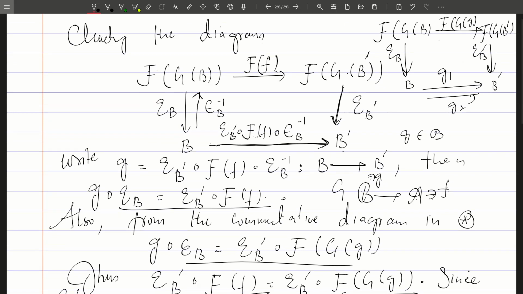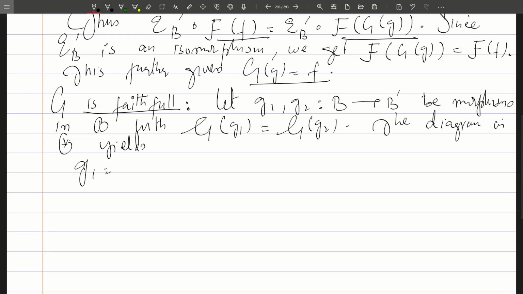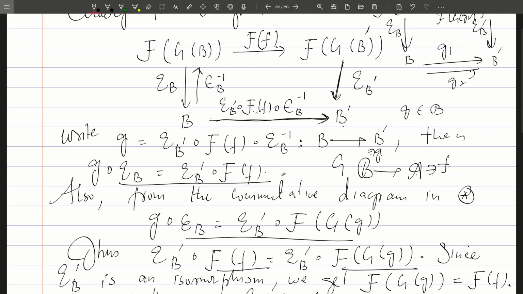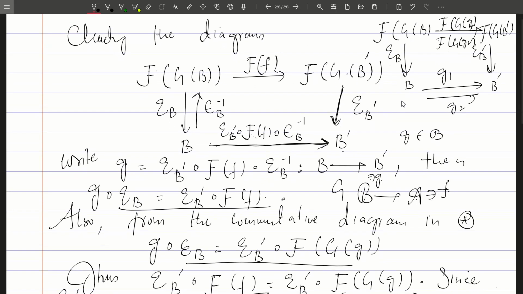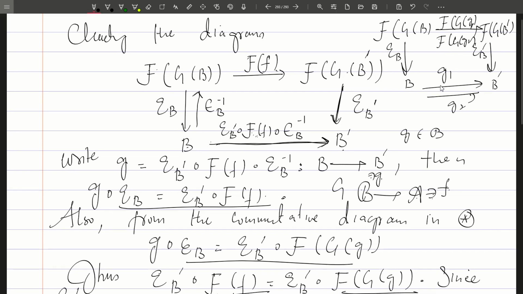So this is G1 here, the same as f of G2, like this. So if we first look at this, G1 is the same as first go via epsilon b inverse, then via this map, then via this map.